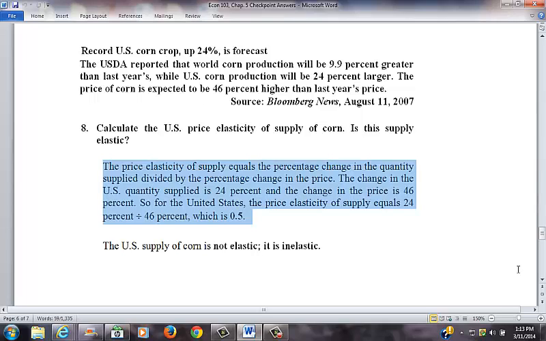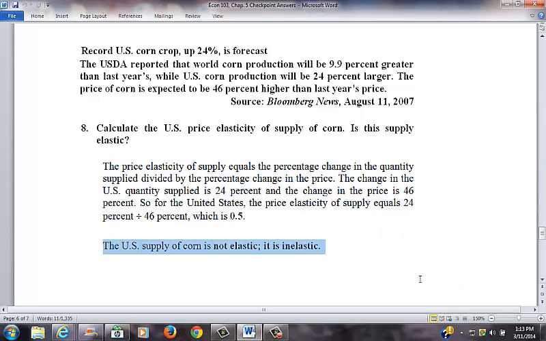The change in the U.S. quantity supplied is 24%, and the change in the price is 46%. So, for the United States, the price elasticity of supply equals 24% divided by 46%, which is 0.5. The U.S. supply of corn is not elastic, it is inelastic. It's less than 1, so inelastic.